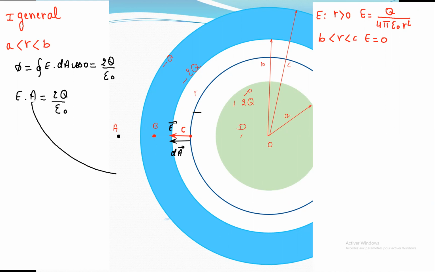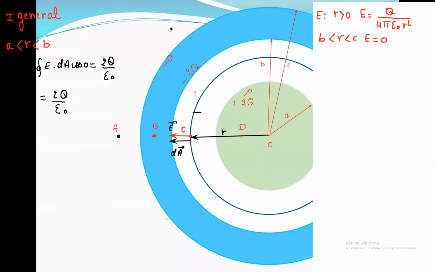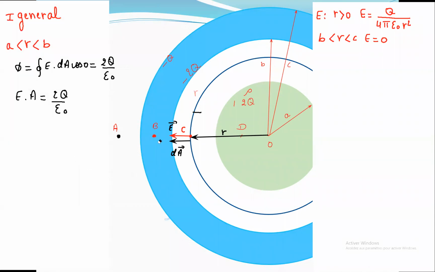A is the area of the Gaussian surface, at a radius equal to R. So A equals 4 pi R square. E equals 2Q divided by 4 pi epsilon R square. This is the answer.